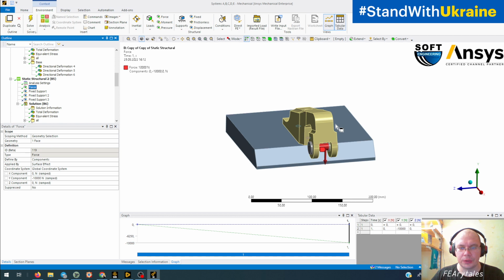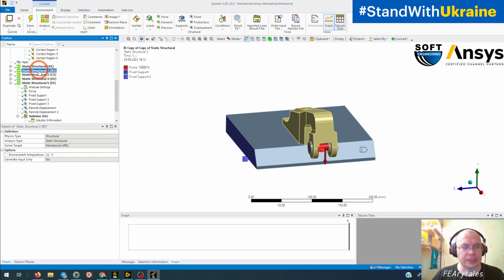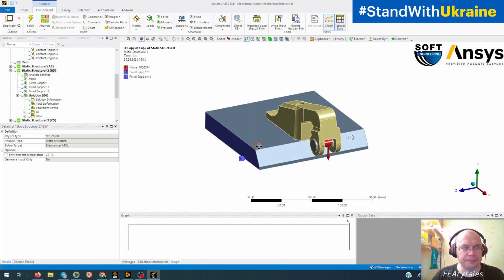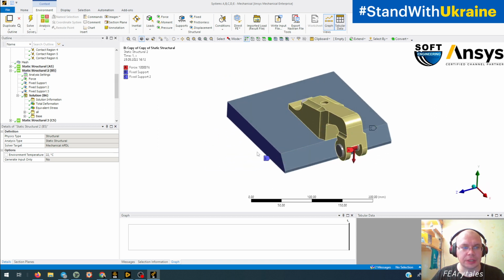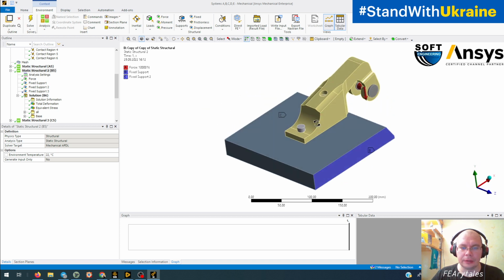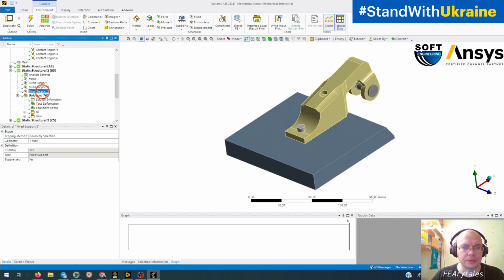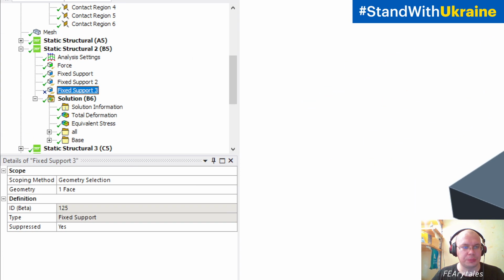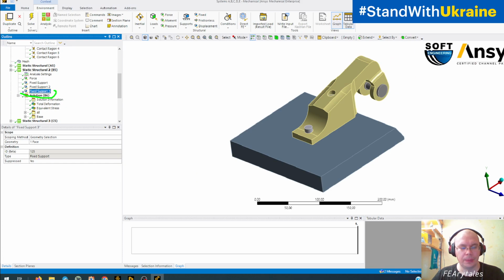So we have the same force, the same material, the same connection because we use one model, but we have several tasks with different statements, different boundary conditions and different behavior of our objects. As the second statement, the second static structural task differs from the first by suppressing one fixation.